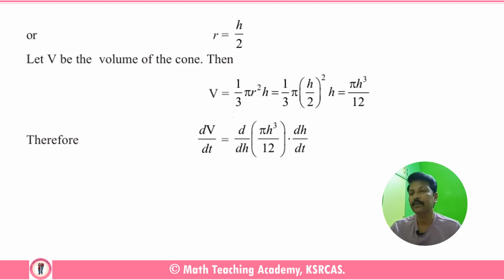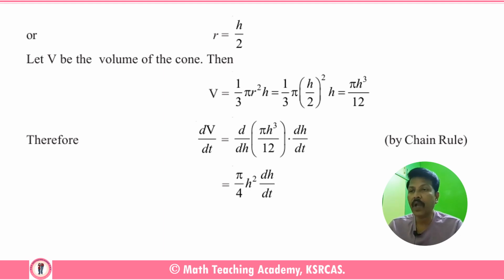So here pi by 12 is constant, take it outside and then differentiate h cube. So we will get 3h squared. So it will become pi by 4 h squared into dh by dt.